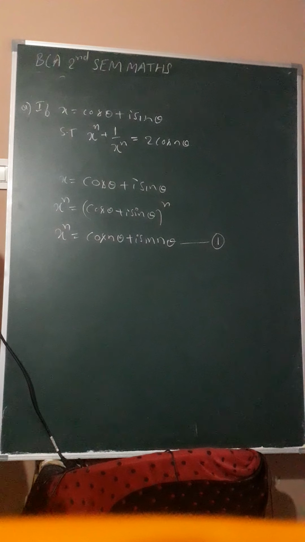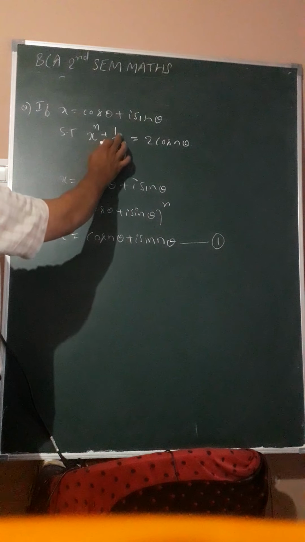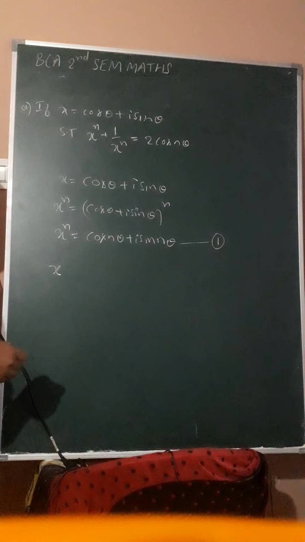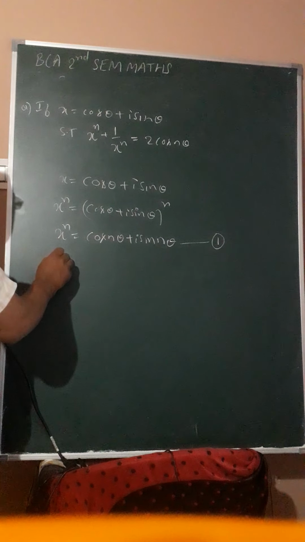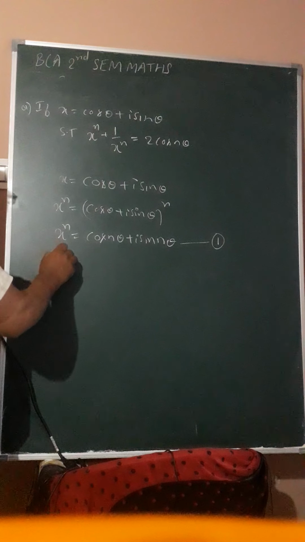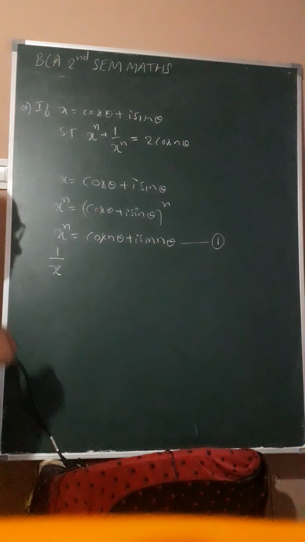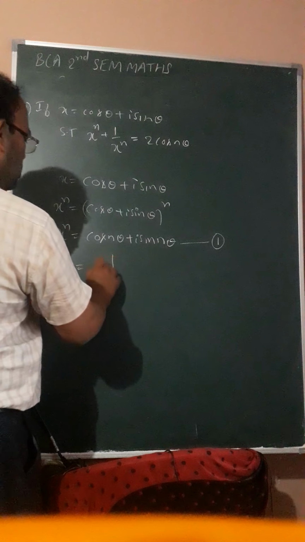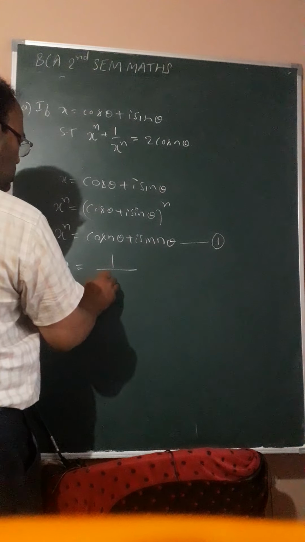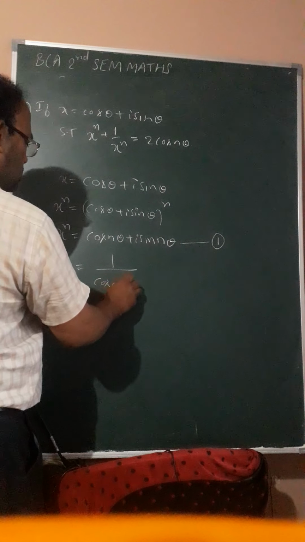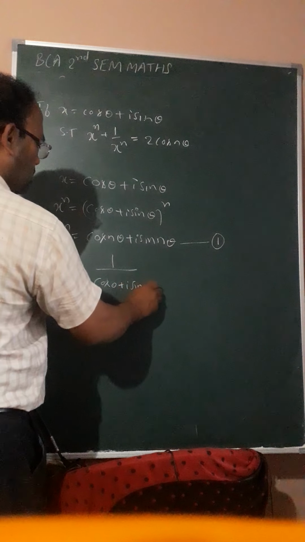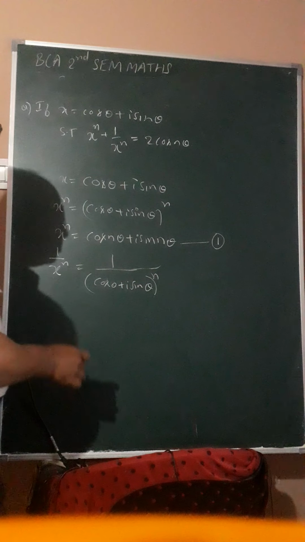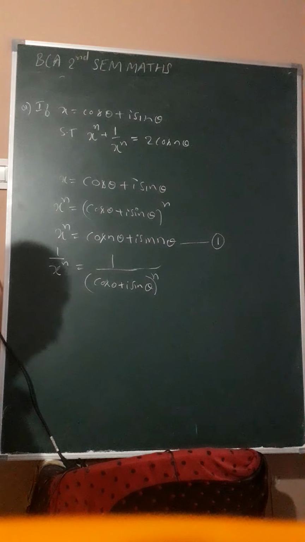Again, consider 1 by x to the power of n. So it is 1 divided by x, that is (cos theta plus i sin theta) whole to the power of n.